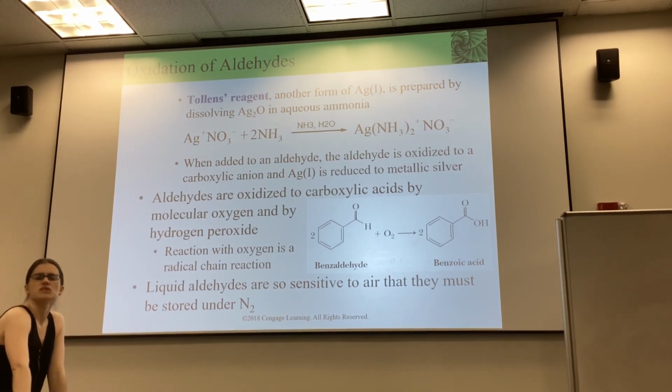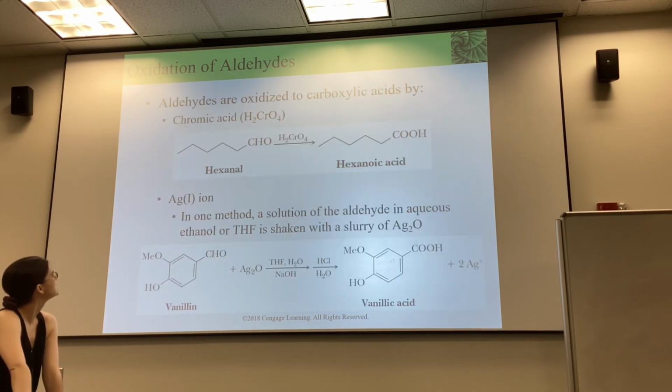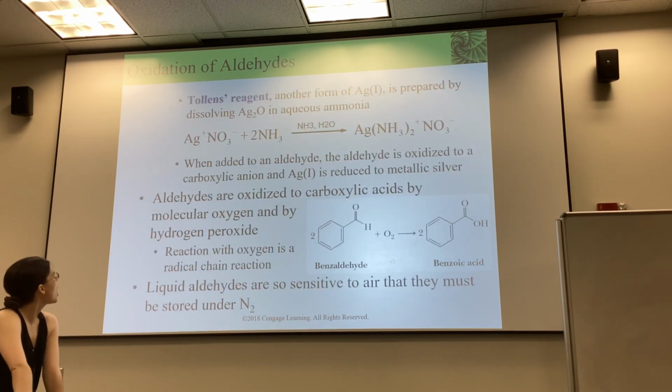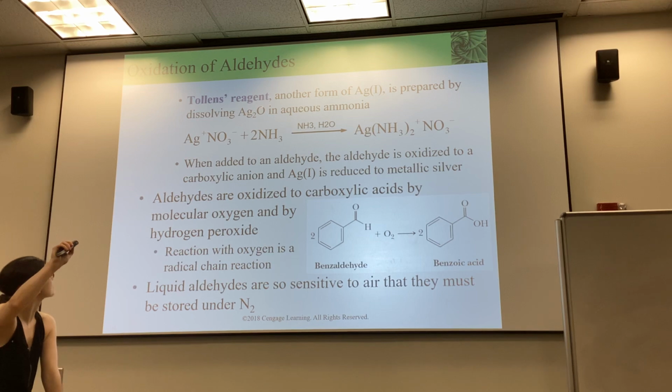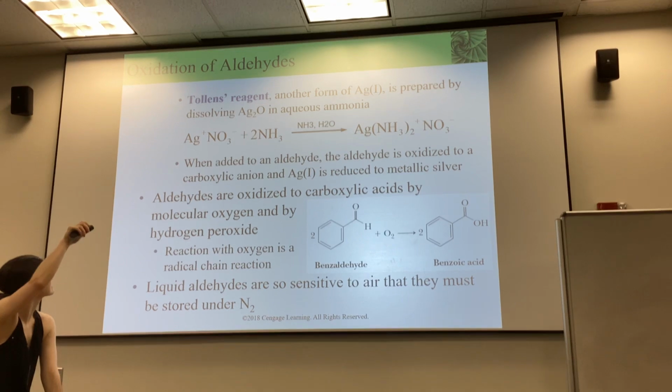I don't know if the slides are wrong or if this is just the reaction that they're interested in showing you, but you actually do dissolve that. Oh, okay, so maybe there's a chance that the silver oxide just immediately oxidizes one of these into that. I don't really know. But anyway, just ignore that part.